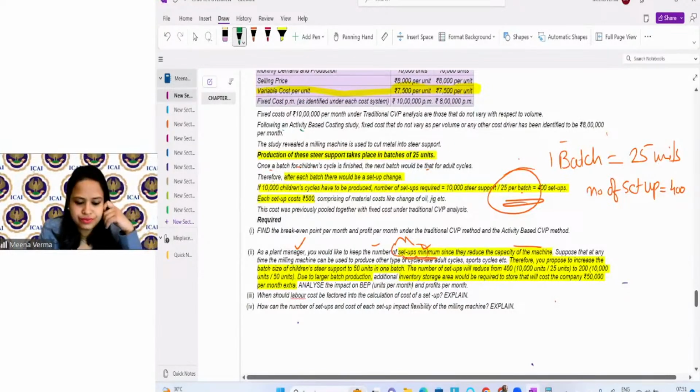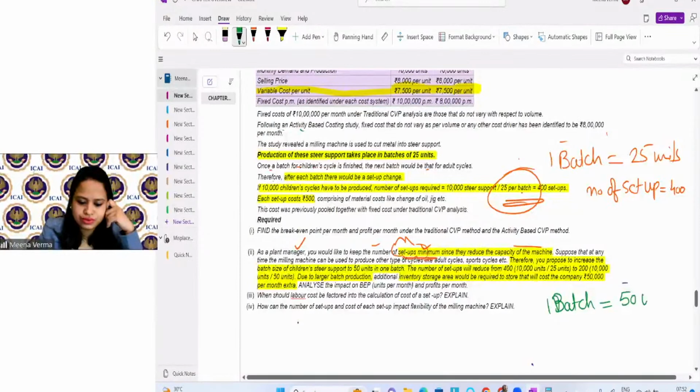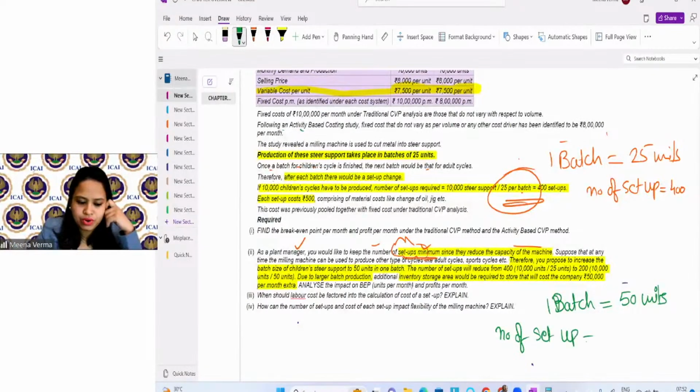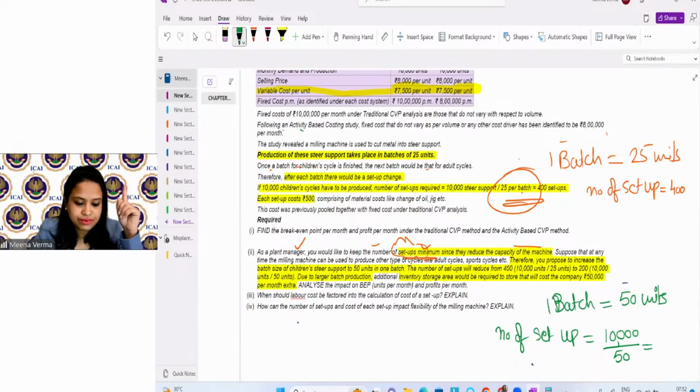One batch has 50 units, right? So the number of setups will be what? The number of setups will be 10,000 units divided by 50. If you divide them, you can see the number of setups is coming as 200.